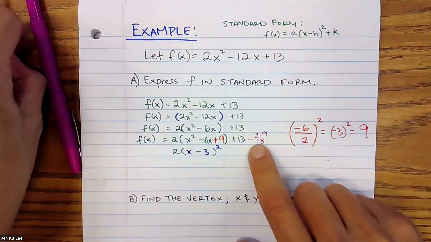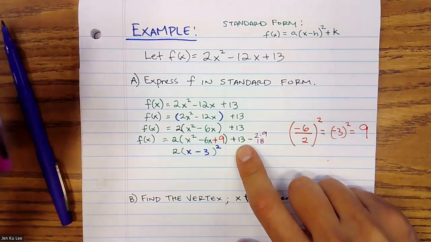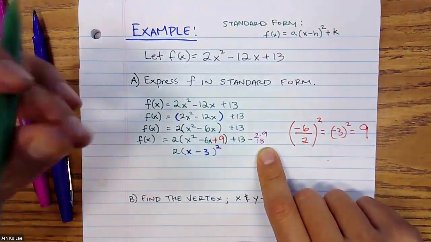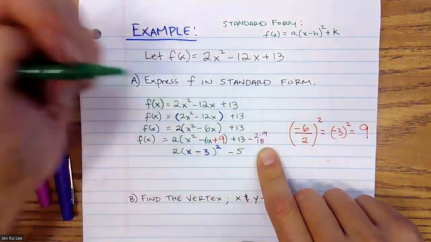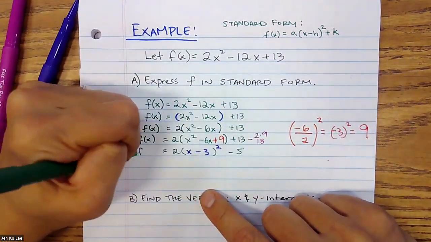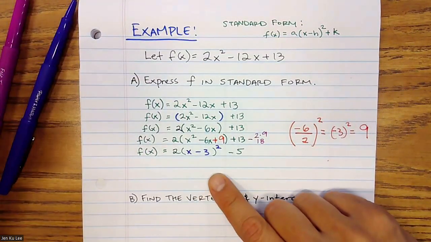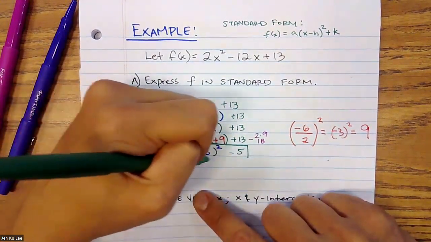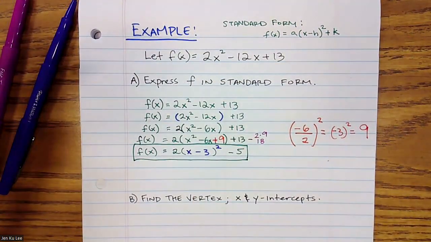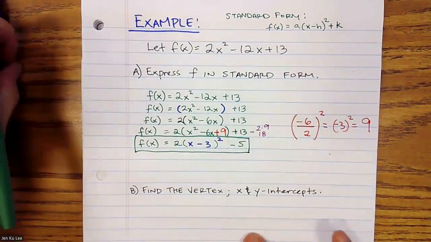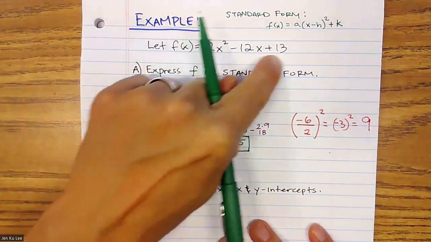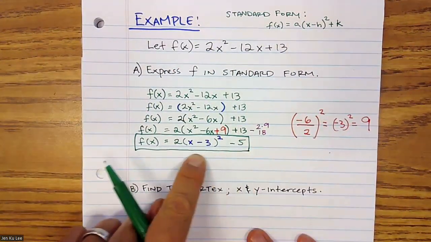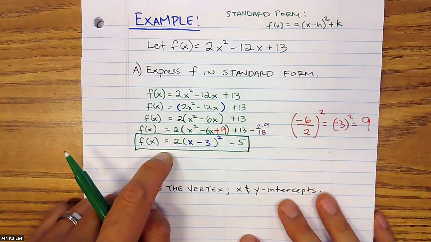And simplify what's here as well. That's plus 13 minus 18. That's going to be a minus 5 equals f of x. Okay. So here, I got my standard form. Okay. That's the standard form of this equation. So this here is the same equation as this. Okay, we just have it in different forms.